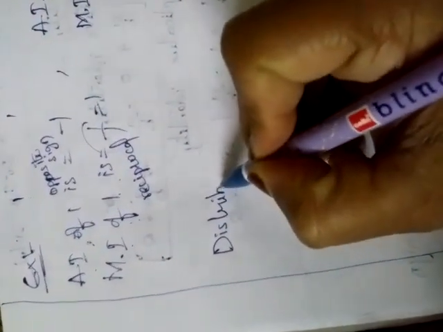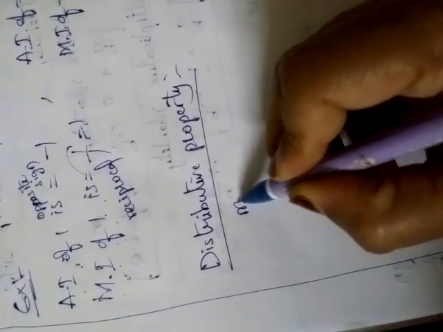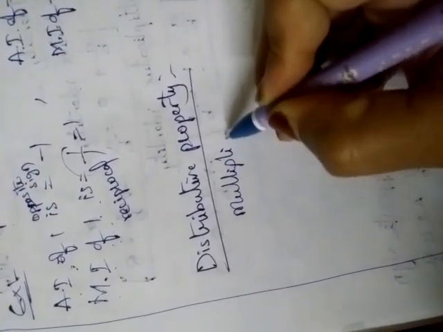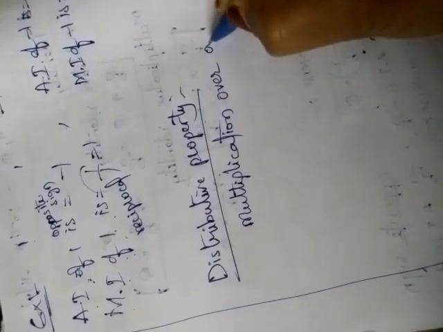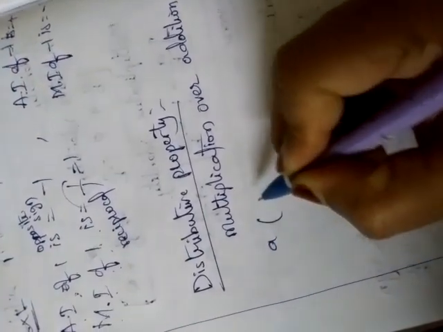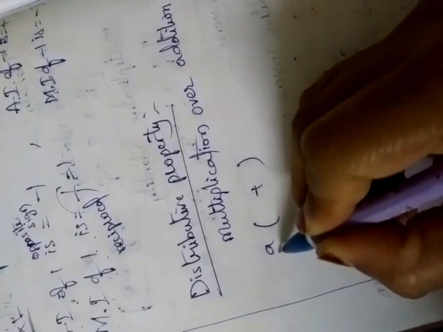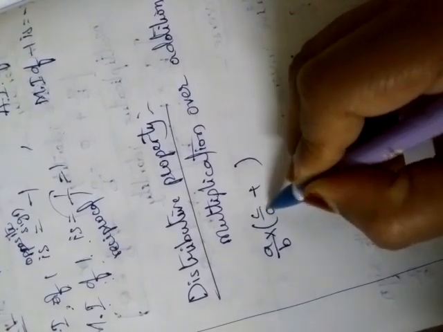Remember? Shall I revise once again? Now we come to the distributive property: multiplication over addition. Here we are taking rational numbers, that's why a by b into c by d plus e by f.